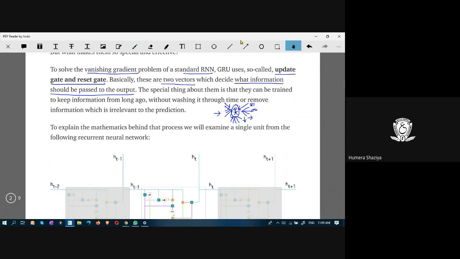That decision, how much information and what information to be retained and passed on to the output, and what is to be discarded, is done in GRU. And this is not performed in standard RNN. Standard RNN does not have this method of choosing the data that is to be passed on and eliminating the other data.